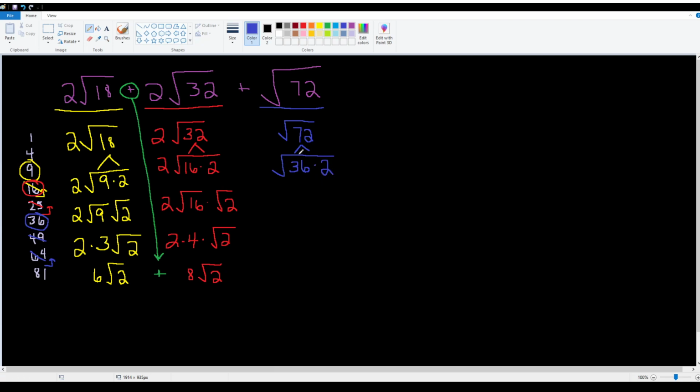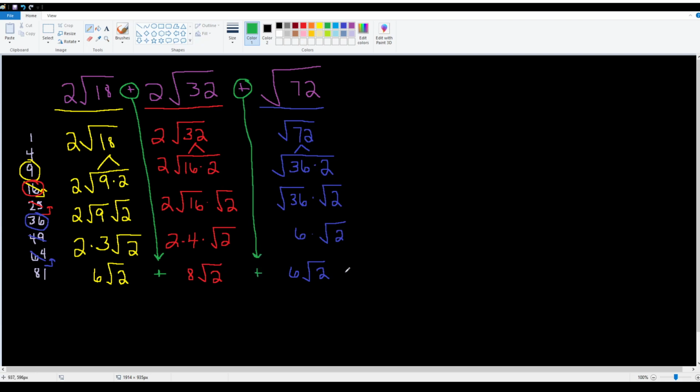Because again, 36 times 2 is 72. Which then this becomes the square root of 36 times the square root of 2. And the square root of 36 we know is just 6. So this is simplified down to 6 radical 2. Again, I don't want to forget about this sign, so I just bring it all the way down here.